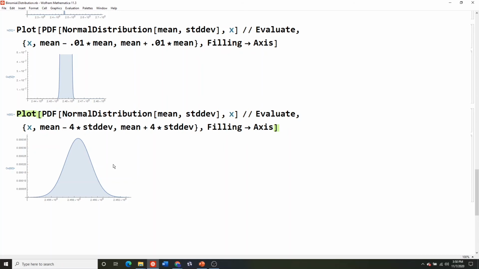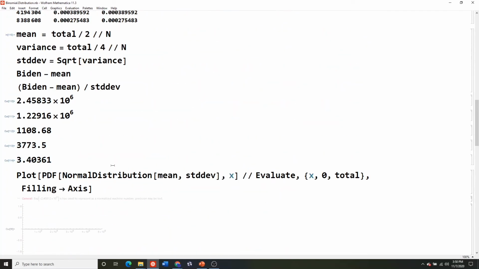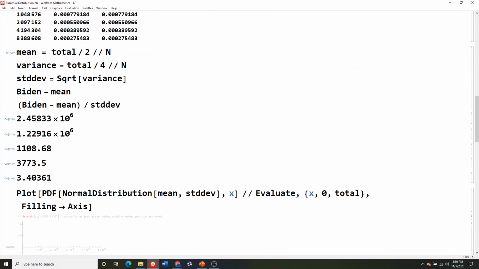So the thing that I learned also is this: the variance is just the total over 4 for the binomial distribution. And because n is so large, this thing is converging to a normal distribution. So instead of using a binomial distribution with a parameter of 5 million, I just switched to a normal distribution.